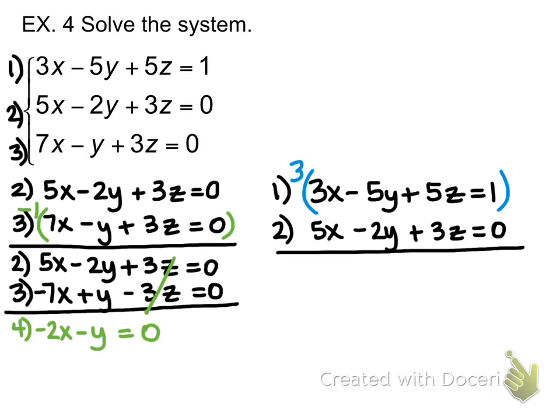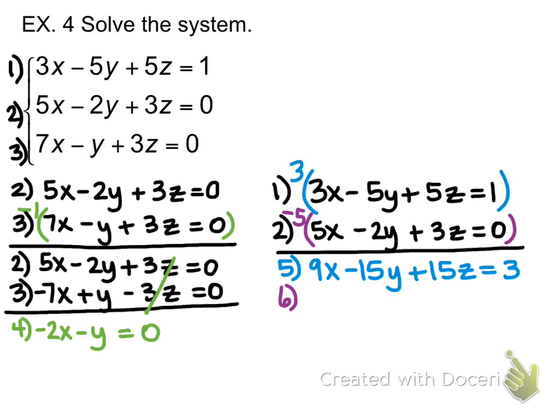I'm going to multiply equation 1 times 3 and equation 2 times -5, and I renumbered these equations 5 and 6. So 3 times equation 1 gives me 9x minus 15y plus 15z equals 3. And negative 5 times equation 2 gives me negative 25x plus 10y minus 15z equals 0.